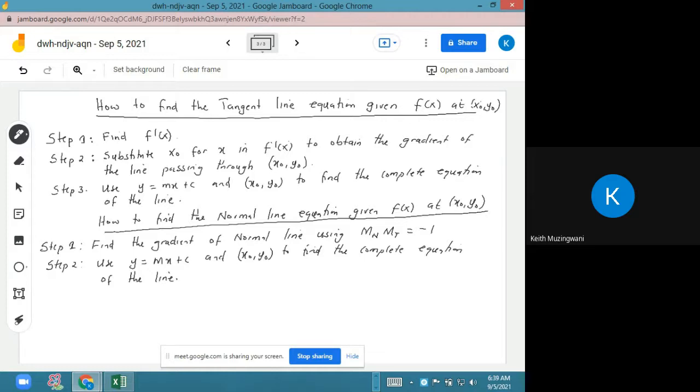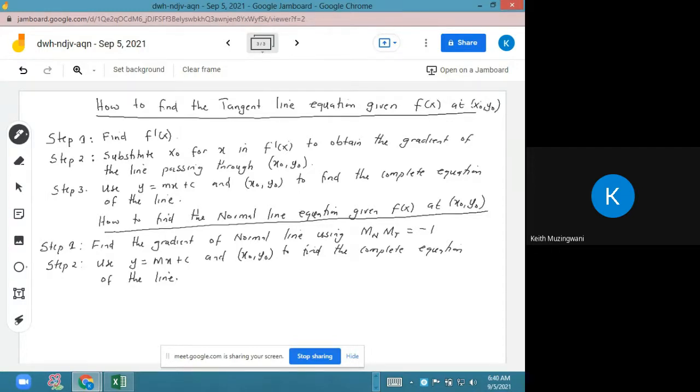Here, we only have 2 steps because you have to go through step 1 and 2 for you to get the normal line of the tangent line equation. So you first need to get the gradient of the tangent line, and then that's when you start talking about the normal.